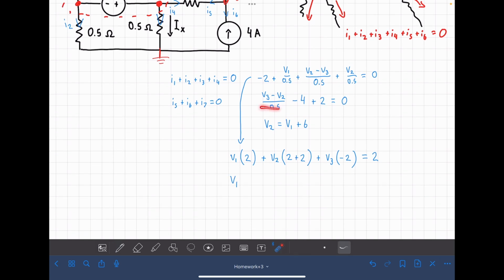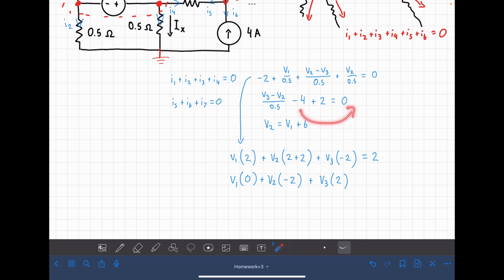Our second equation, doing the same thing. V1, there are no V1s here, so that's going to be a 0. V2 is negative divided by 0.5. And V3 is positive divided by 0.5. We're going to bring our constants to the other side.